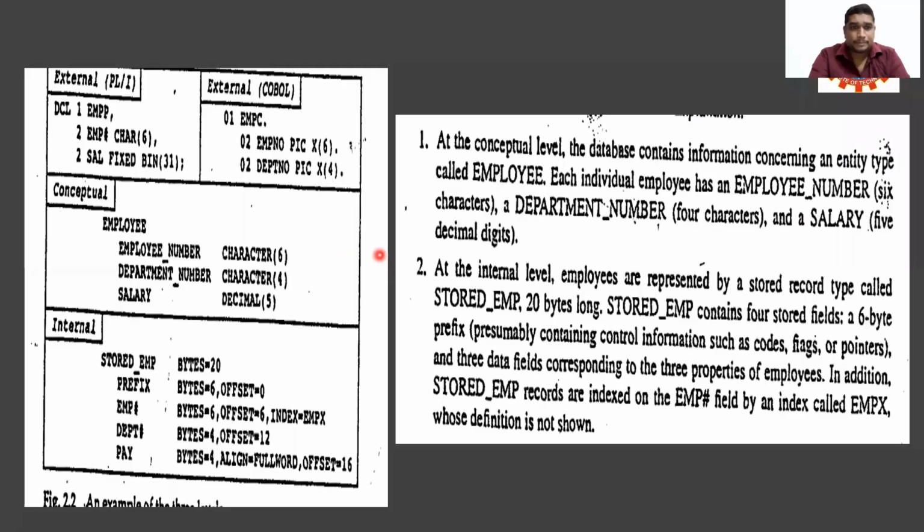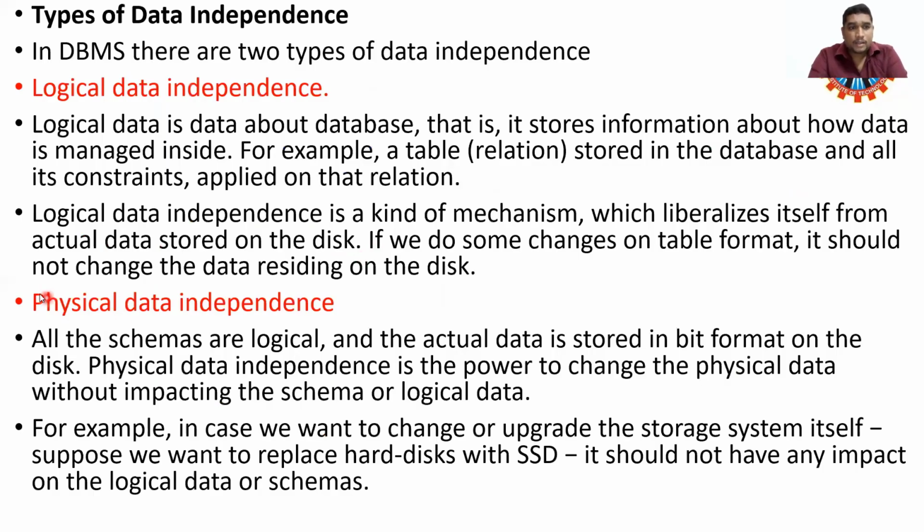Clear? Right. See here, this is the second type of independence called physical data independence. All the schemas are logical. Logical means what we can't see. Okay. Clear? Logical means what we can't see, and the actual data is stored in bit format, zeros and ones, on the disk.